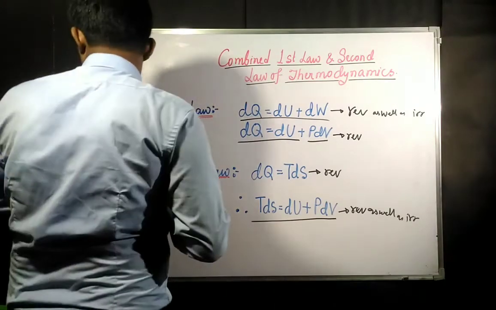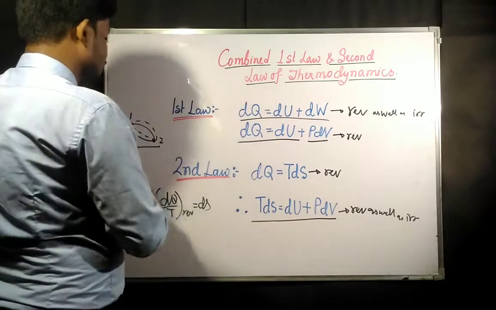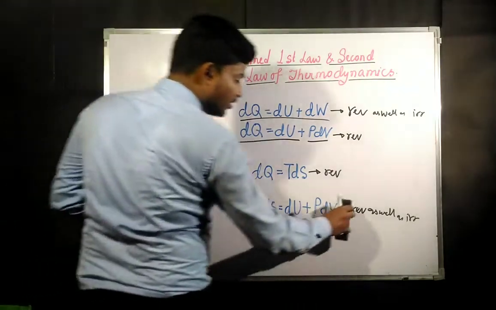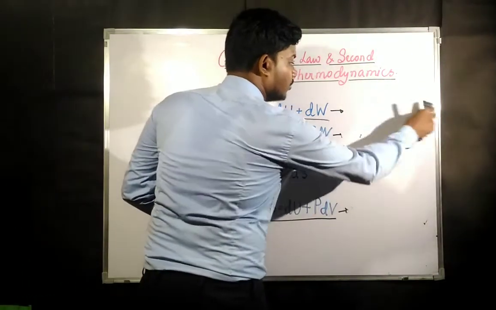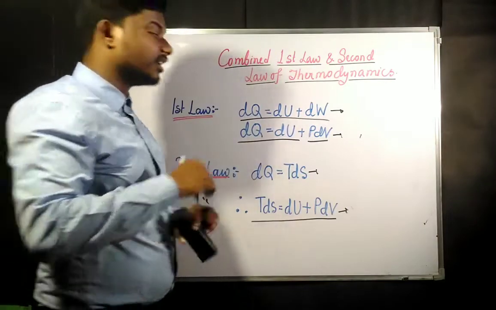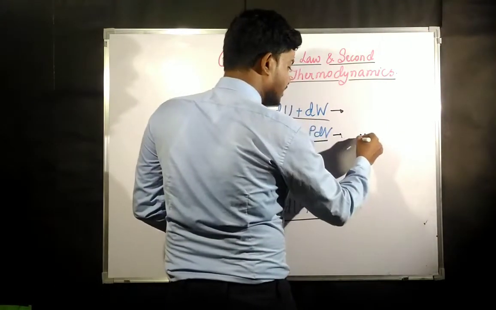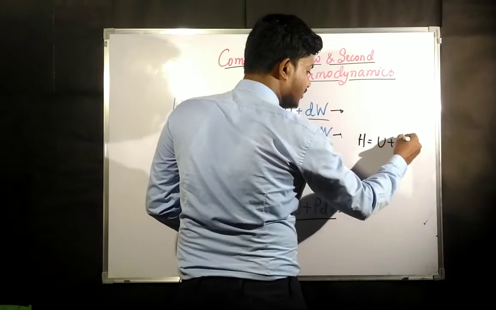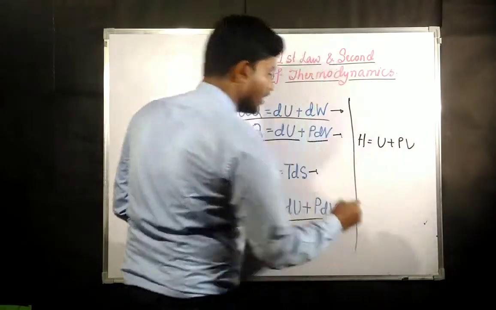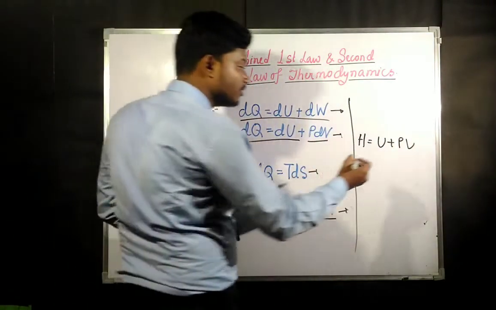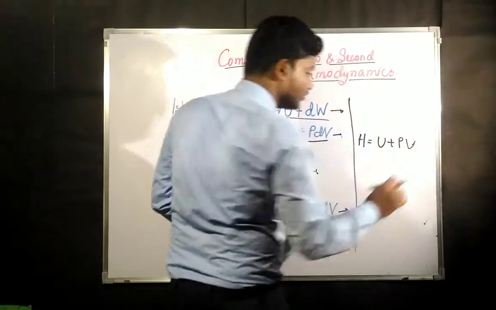Now you can say this is the product of the combination of the first law and second law of thermodynamics. But we have also seen what enthalpy is. Enthalpy we have seen as H equals U plus PV.